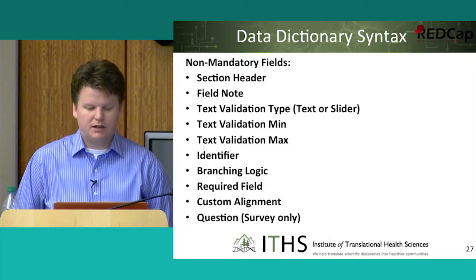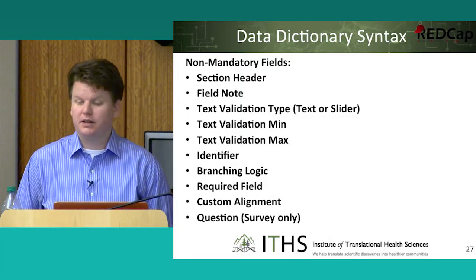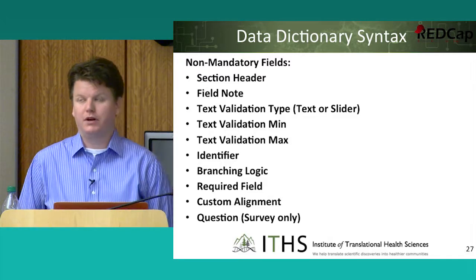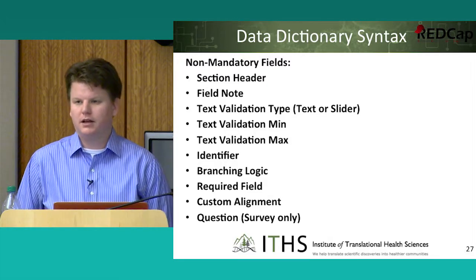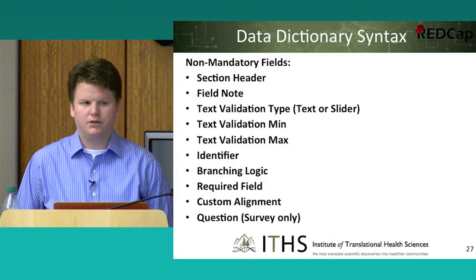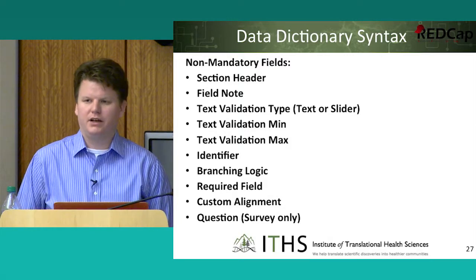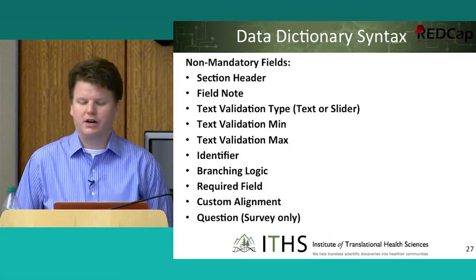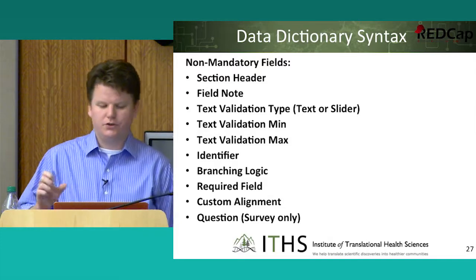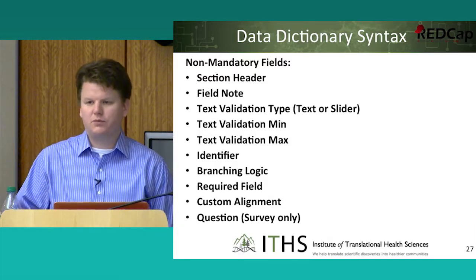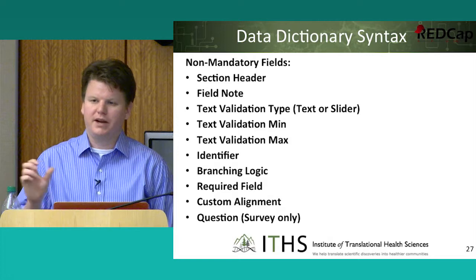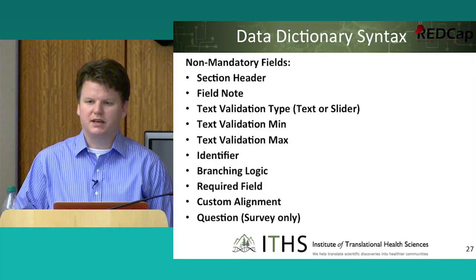Custom alignment, there are 4 options in there: left vertical, left horizontal, right vertical, and right horizontal. Shorthand for that is all capital LV, LH, RV, RH. Basically it allows you to mess a little bit with where the text box is placed, or the way the options are displayed in radio buttons and text boxes.